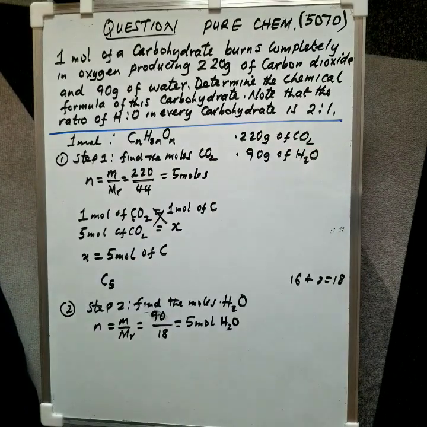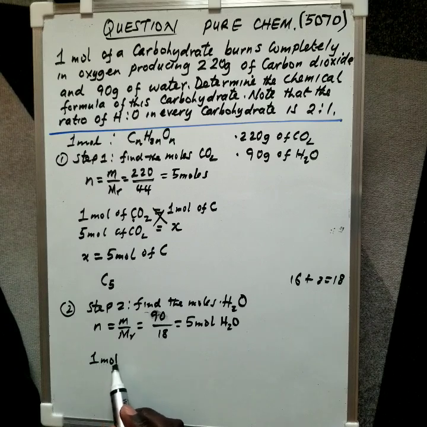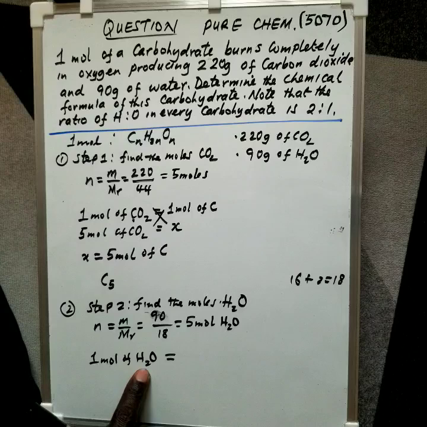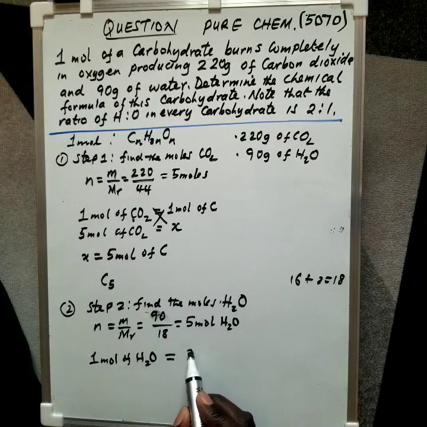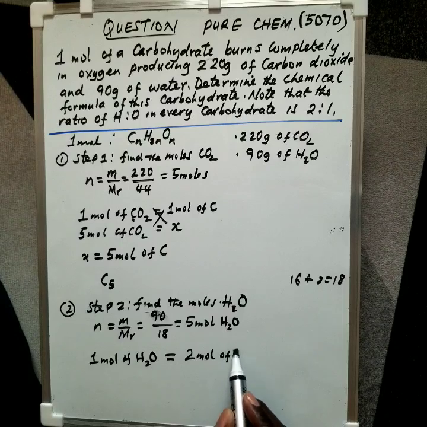Now the next step: if 1 mole of H2O produces how many moles of hydrogen? There are 2 atoms of hydrogen in water, so 1 mole of water produces 2 moles of hydrogen.